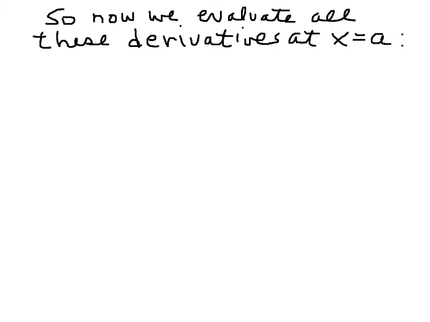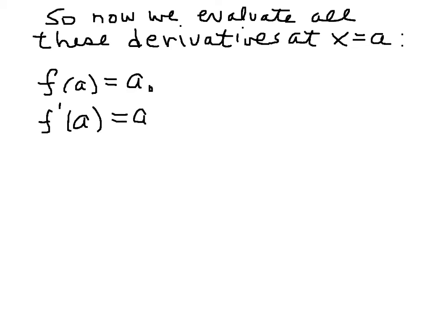The second step in this process is to evaluate all these derivatives, including the original function, at x equals a. What that will do is cause all those terms that have an x minus a in them to be 0. So essentially the first term, f of a, is just going to be a sub naught. The first derivative evaluated at a will be a sub 1.